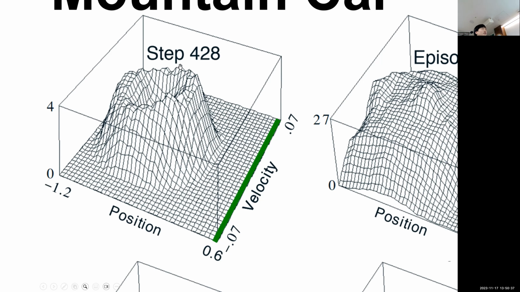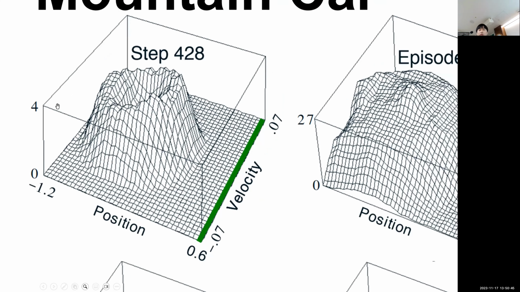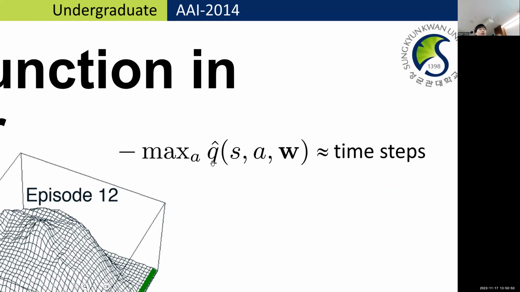So if you look at the first step, the height of this diagram is the Q value, okay? The Q value actually approximates the time step, because each time step will have a -1, right?